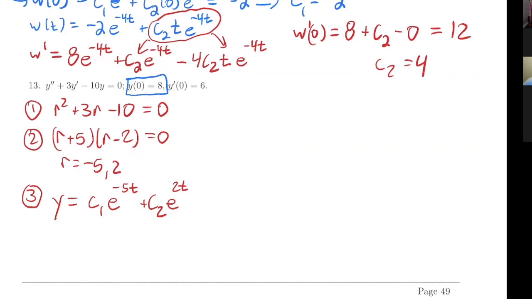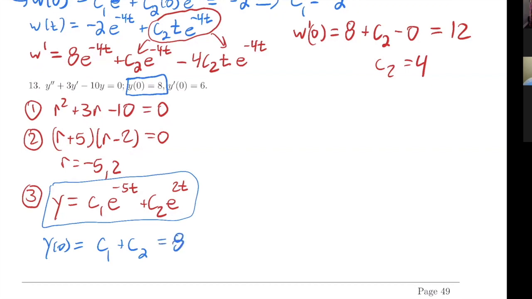Plugging that into our general solution, y of 0 is c1 times 1 plus c2 times 1 is equal to 8. When I plug in the initial position, I don't know what c1 or c2 are. I just know some condition that c1 and c2 need to satisfy.